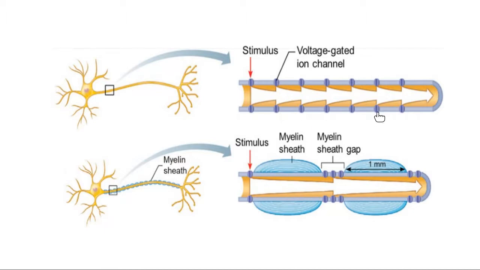We need to open up those channels repeatedly. Audrey has an analogy that works great for me. With a non-myelinated neuron, these are all the cups of coffee it's going to take to make it through the day. Absolutely. They've got to stop and recharge every 2 hours or less.